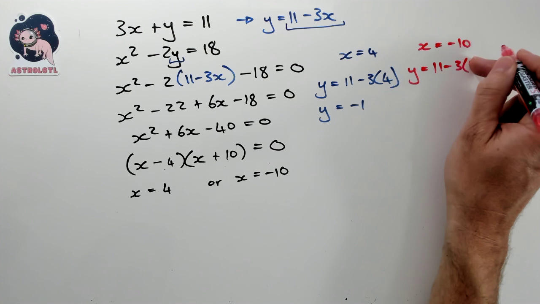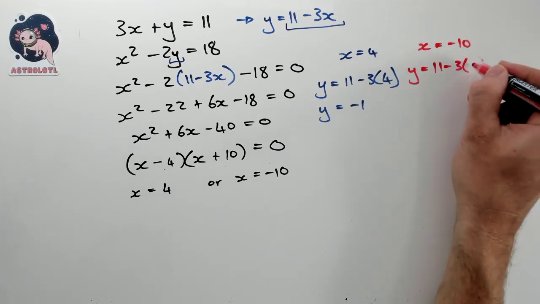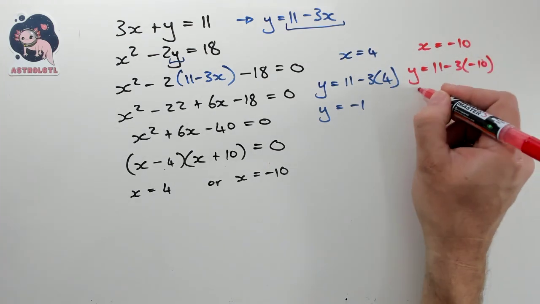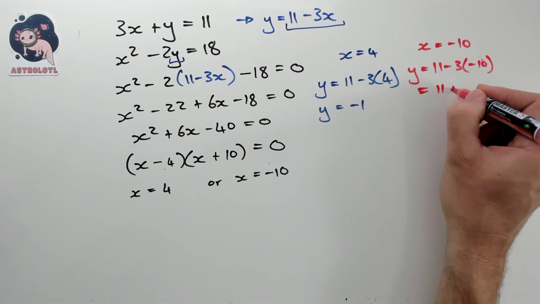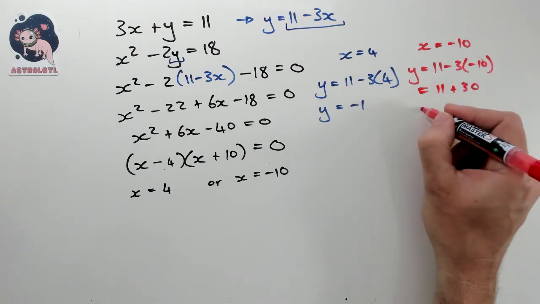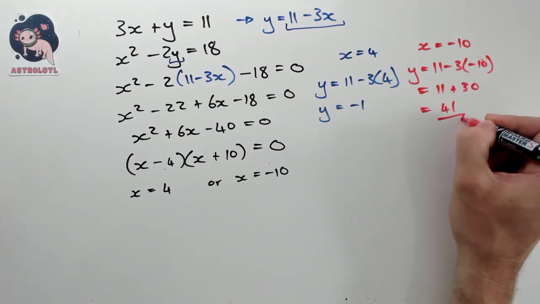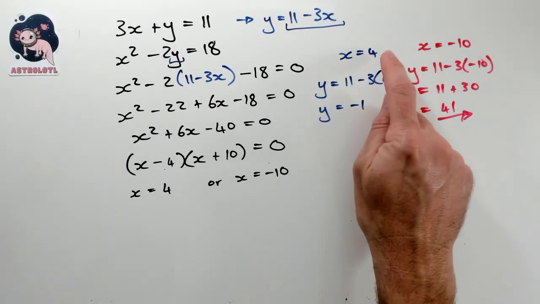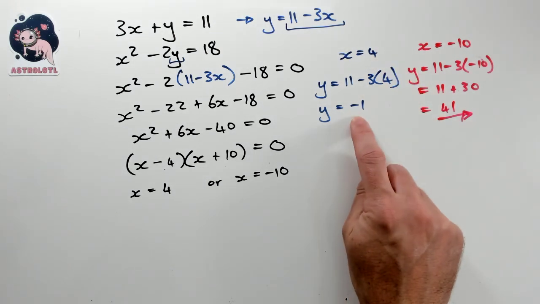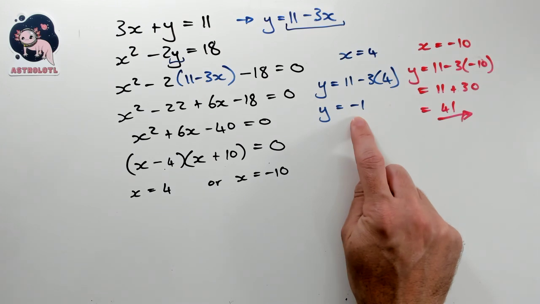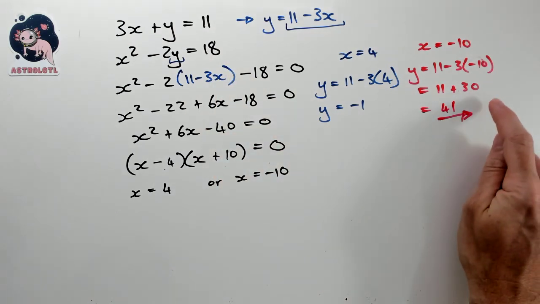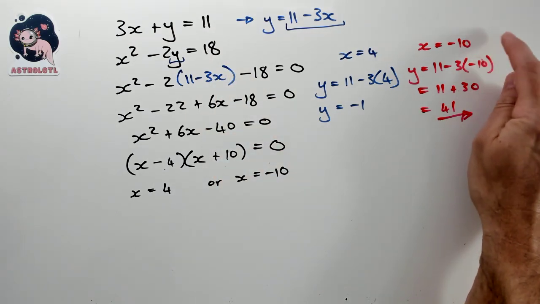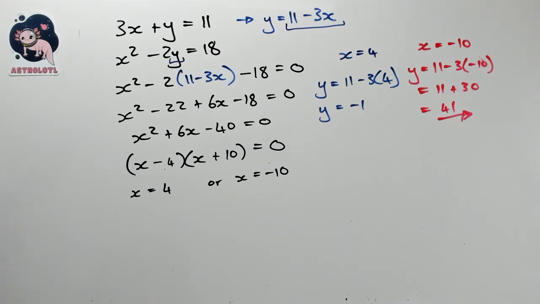No, that's a minus 10, so that's 11 plus 30. So y is going to be 41. Okay, so for these, x is 4 and y is negative 1. That's the one solution, or one point where these two lines cross. And the other one is x is negative 10 and y is 41.